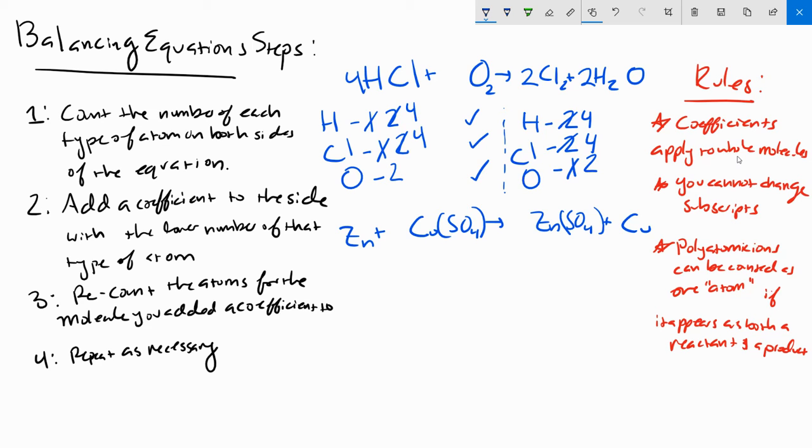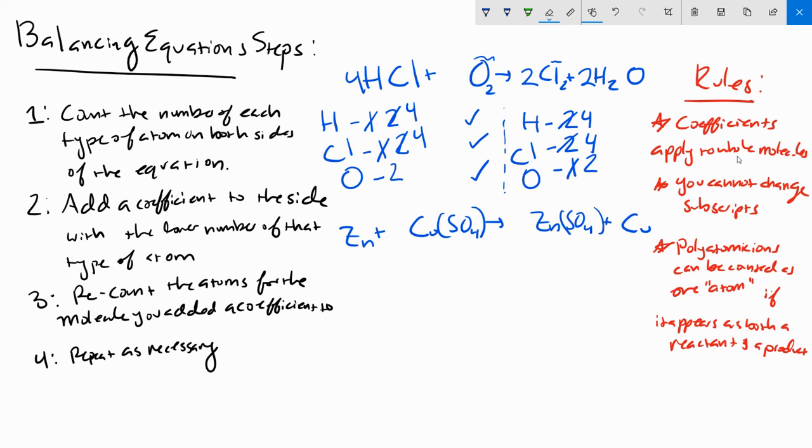I have zinc, then copper sulfate, and then I've got zinc sulfate and then just copper. So this would be a single displacement reaction. And actually the one above would be a single displacement too, because I've got these lonely guys on both sides, and I've got a lonely guy over here and a lonely guy over here. Let's erase those marks so they don't get confusing.